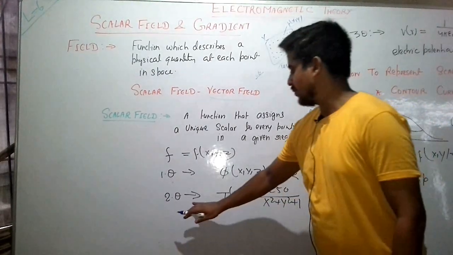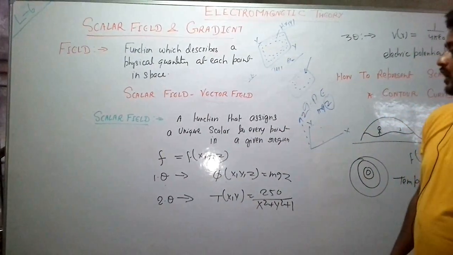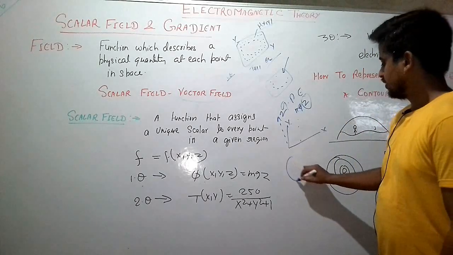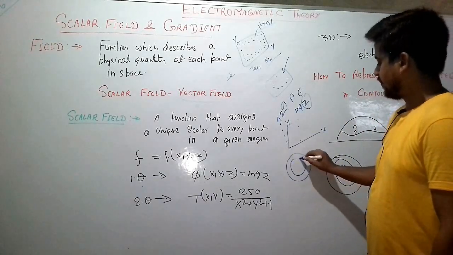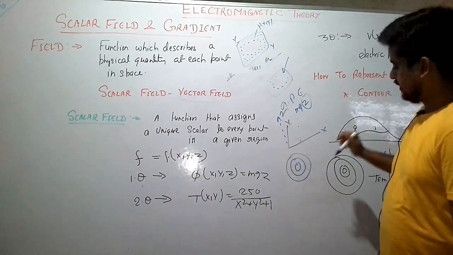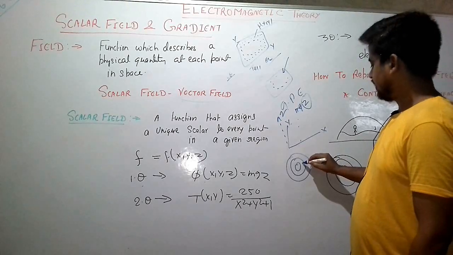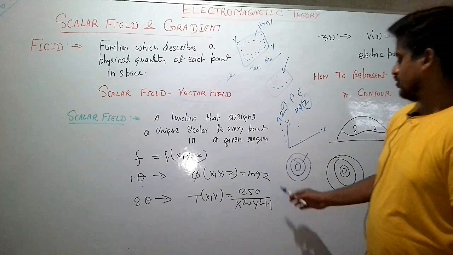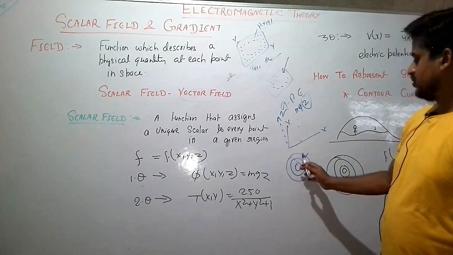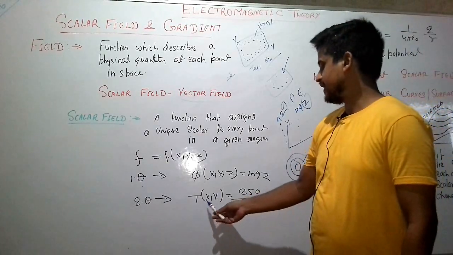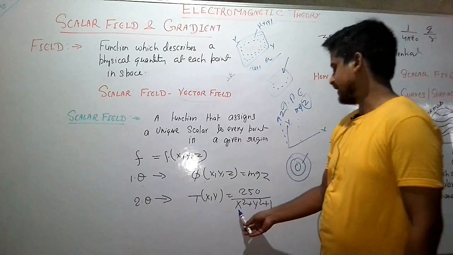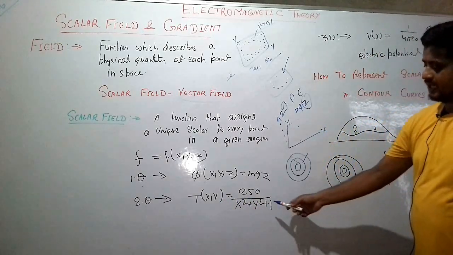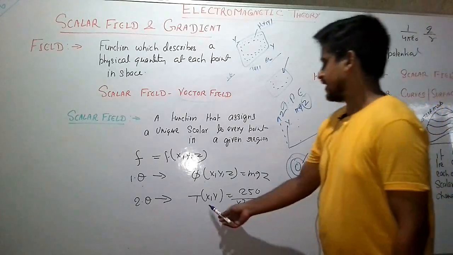In the same way we have a two dimensional scalar field which is temperature. This is the plate, and on this plate in some region there is a much cooler temperature, and in some region a much hotter temperature. So the temperature of this plate can be described by T(x, y) equal to 250 divided by x square plus y square plus 1, and you can see that it is a two-dimensional scalar field.